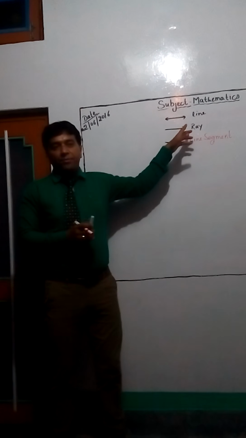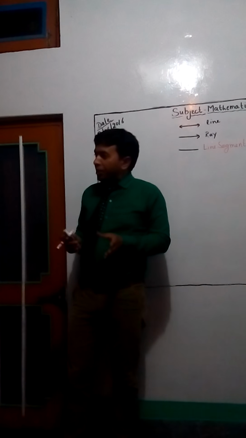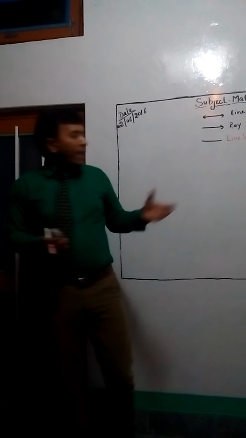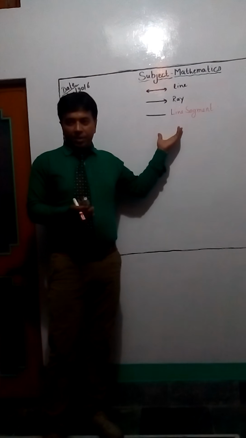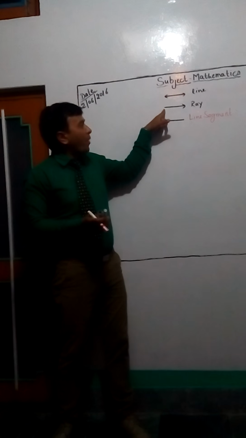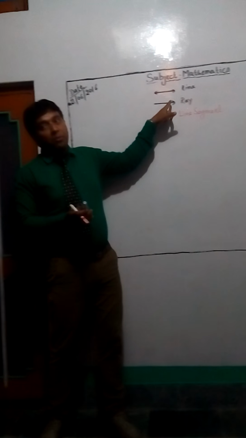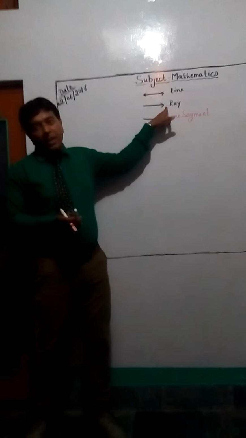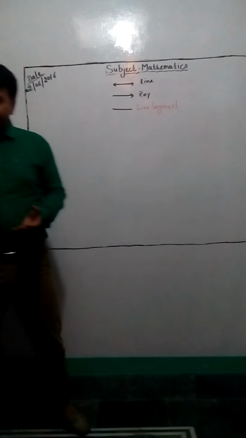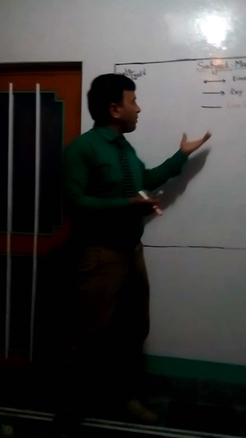As far as the ray is concerned, any source of light, for example, light emitting from a vehicle or coming from an electric bulb, represents a ray, where we know the starting point but we don't know the ending point. A line segment is very common.